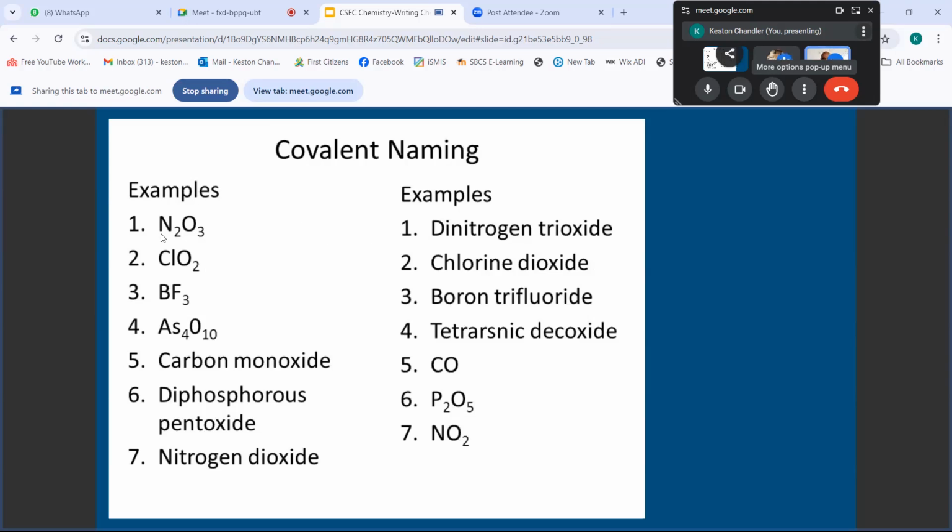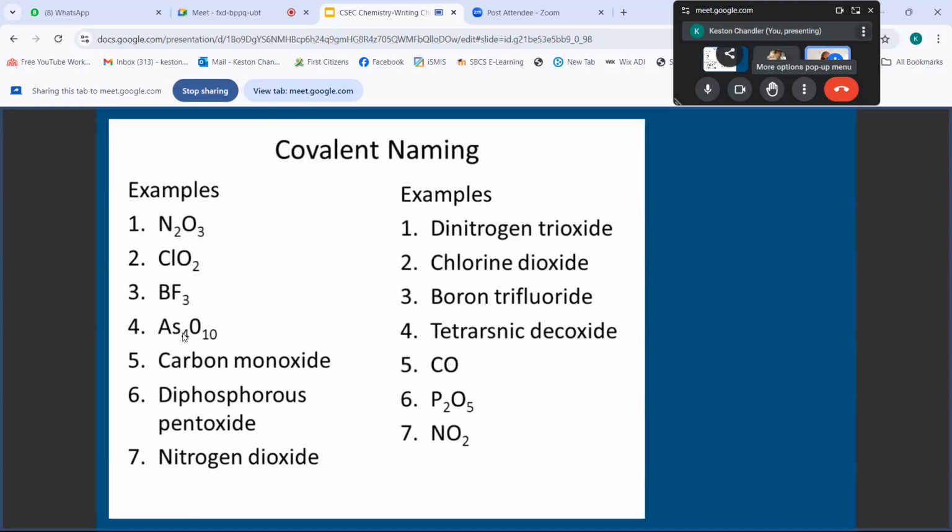Here are some examples. So we just saw dinitrogen trioxide. This one is going to be chlorine, so the one in front is going to be chlorine, and we'll have dioxide. This one is going to be boron trifluoride. You see how they keep adding the "ide" at the end of it.